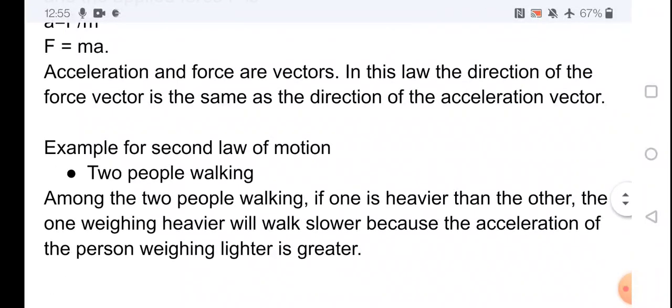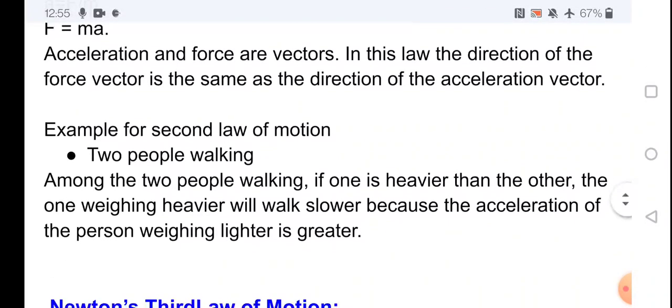Example for the second law of motion. Two people are walking. If one is heavier than the other, the heavier one will walk slower, because the acceleration of the lighter person is greater.